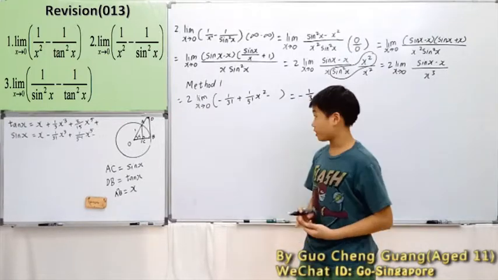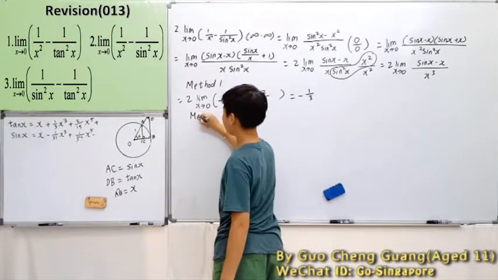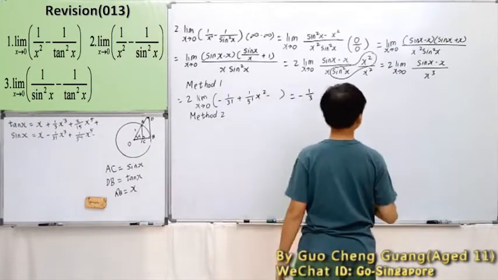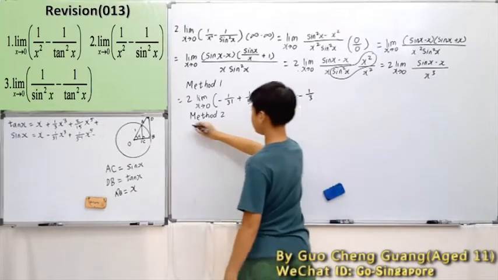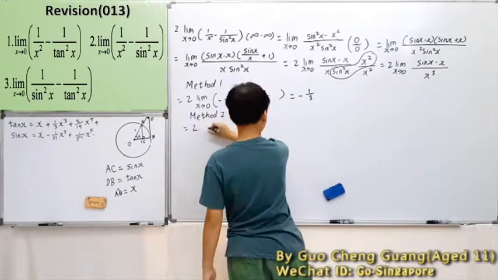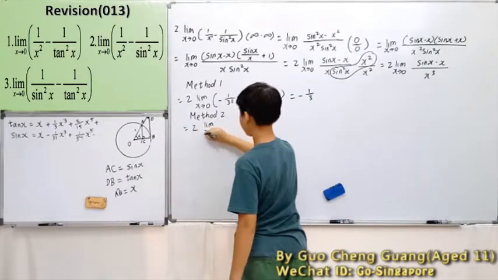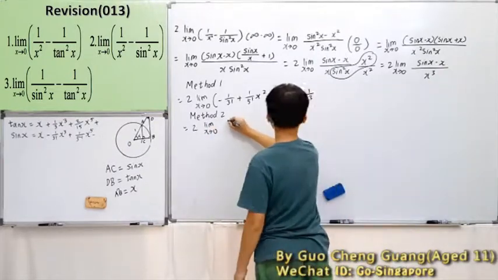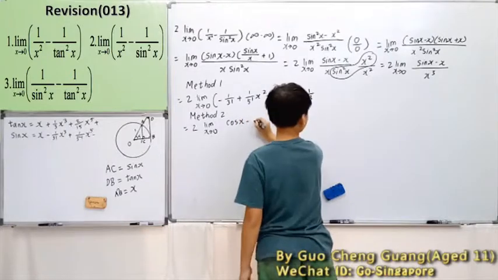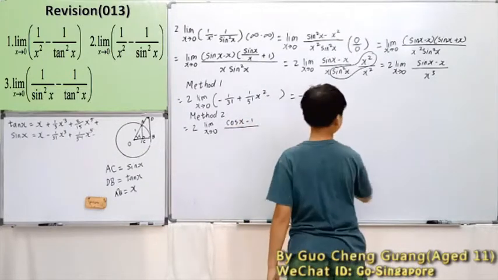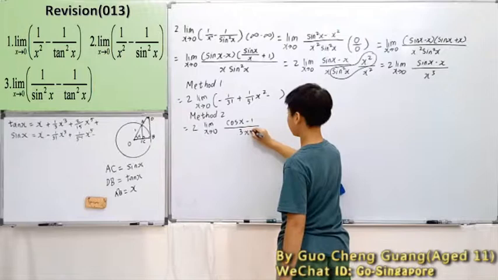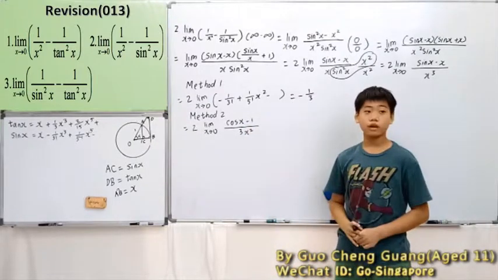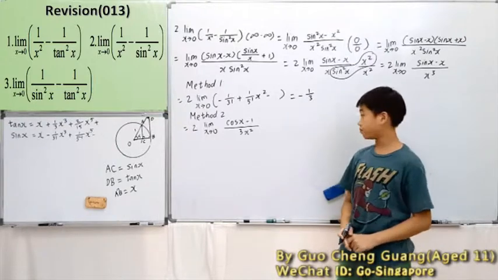Let's check using our second method to see whether it is right. The second method, L'Hopital's rule. So this part, okay, now it's a little bit simple. Differentiation. Sine, you get cosine. Then x becomes 1. Then down here, you get cosine x minus 1 over 3x squared.